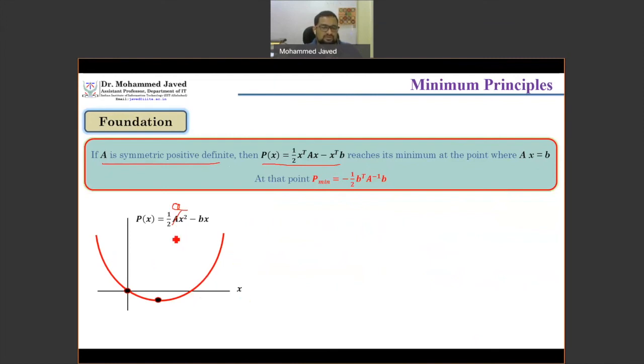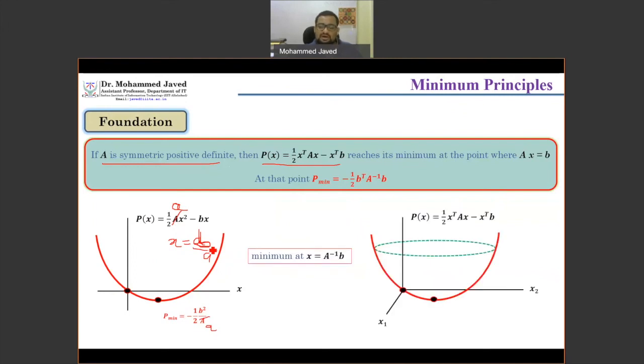So if you try to substitute, here x will be A inverse b, that is, x equal to b by A. In this, if you substitute here, then you would get this b square. Here also, the capital A will be small a. So this is the minimum point for this curve.